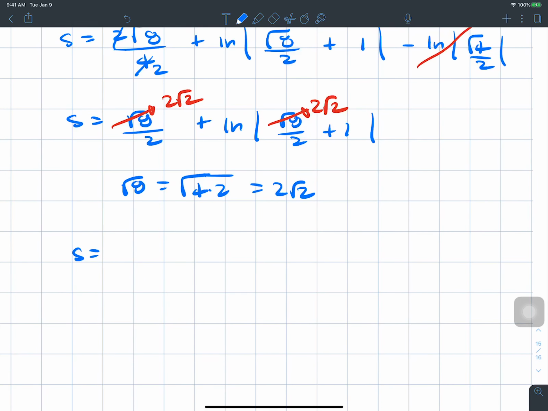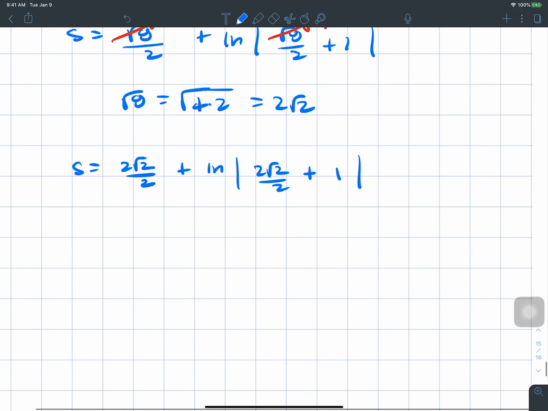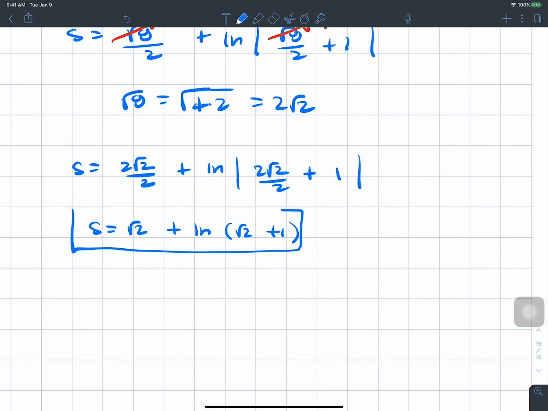And so our arc length becomes 2 square root of 2 over 2 plus natural log, absolute value, 2 square root of 2 over 2 plus 1. So I get the square root of 2 plus natural log, square root of 2 plus 1. And because the value inside the absolute value sign is positive, okay, let me double check my notes to see if I'm correct. Yeah, square root of 2 plus natural log, square root of 2 plus 1.